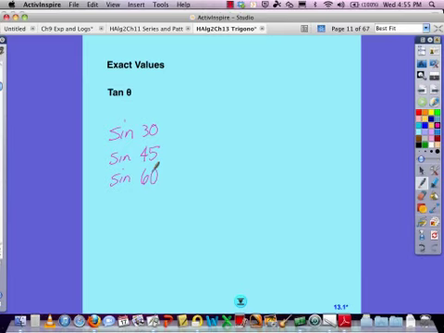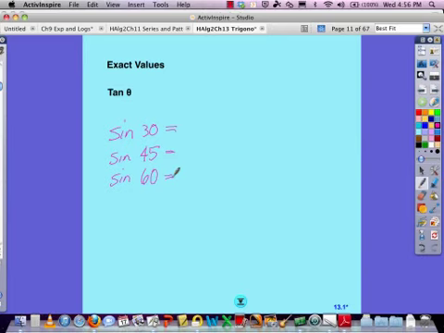You know that those were angles that came from the special triangles that we studied. So you should have some of these memorized based on your right triangles, your 30, 60, 90s that you worked on. So when we say exact values, we want you to say, well, wait a minute, sine of 30? What is it?